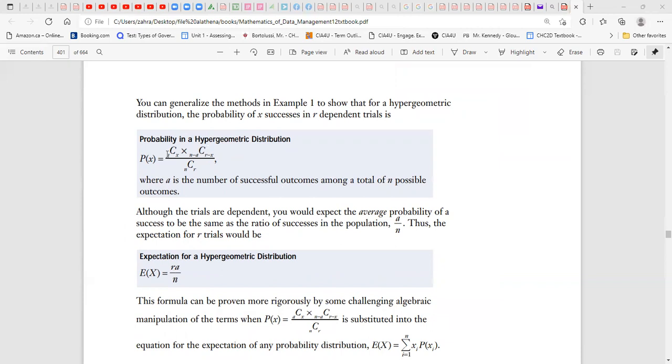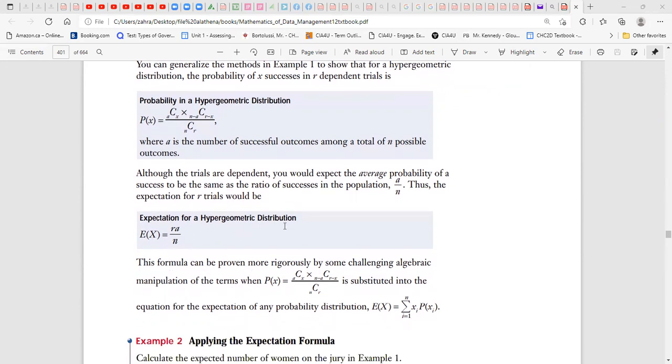In that example we had 10 women, and N was the total number, which is 18. Now, if you want the expectation for a hypergeometric distribution, it is r multiplied by a divided by N, where a is successful, N is total, and r is the number of repeated events.